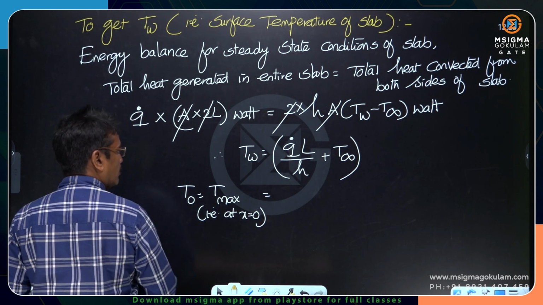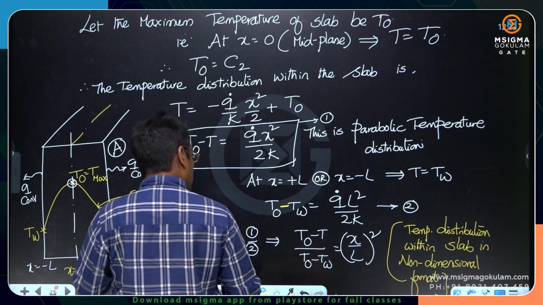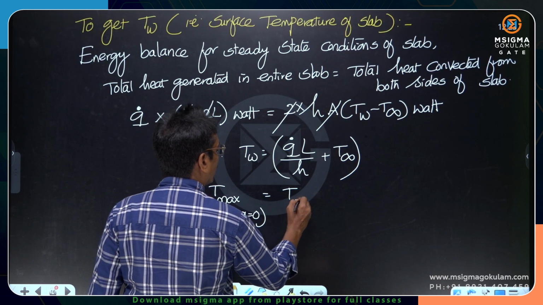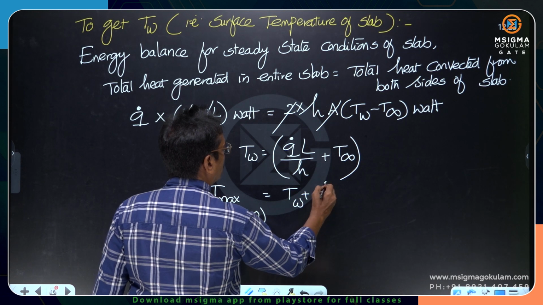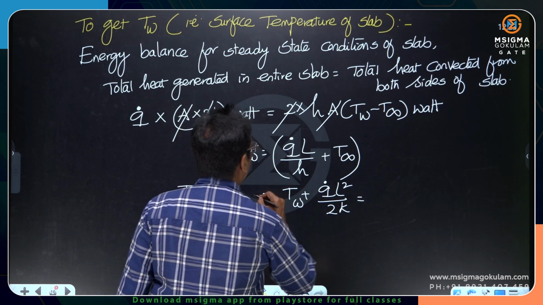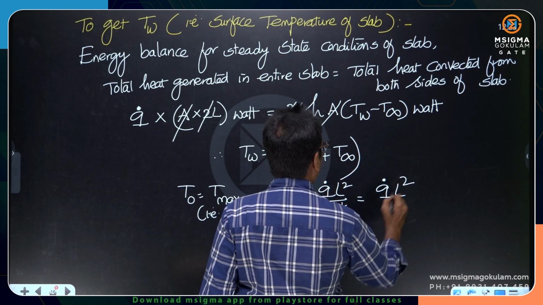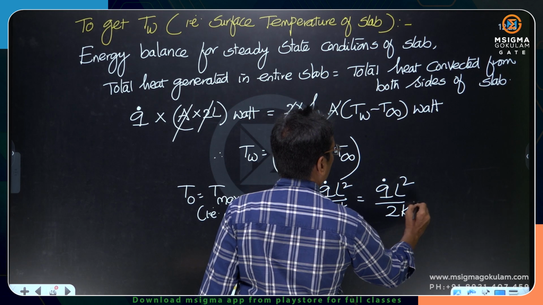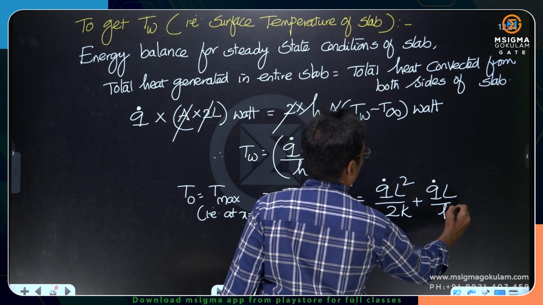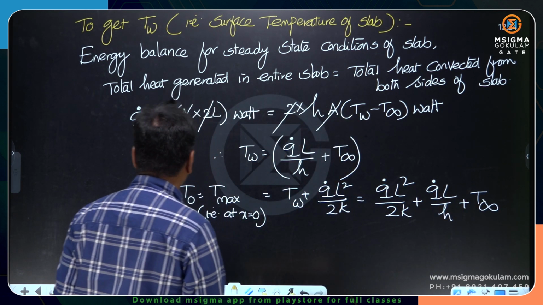From equation 2, T naught is equal to TW plus Q dot L square by 2K. What is TW? That is Q dot L by h plus T infinity. So T naught is Q dot L square by 2K plus Q dot L by h plus T infinity.